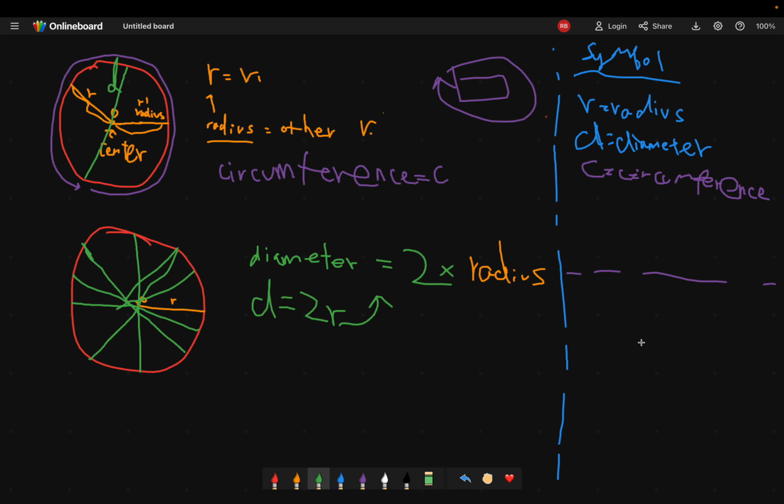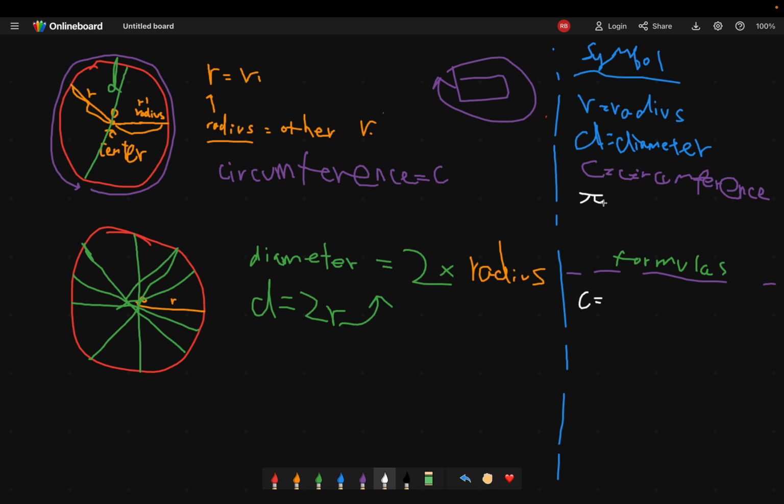We're going to use our beautiful little green. We're going to call it formulas. As you can see for formulas, we're going to have something great here. Circumference C equals, well, introducing our best friend pi.